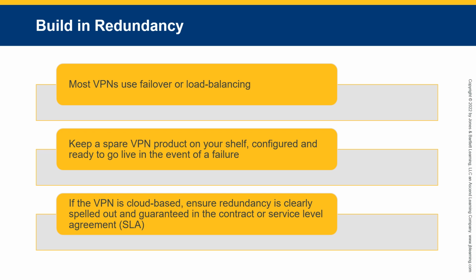Now, one thing we have to look at: if a VPN solution is based up in the cloud, we need to ensure the redundancy is clearly spelled out and guaranteed in what is called the service level agreement.